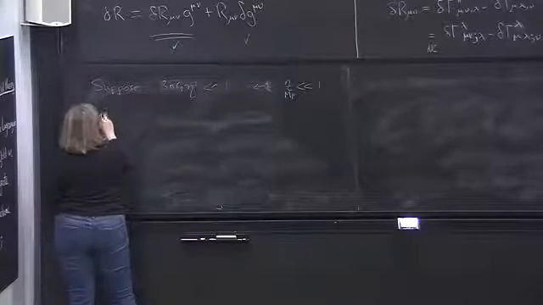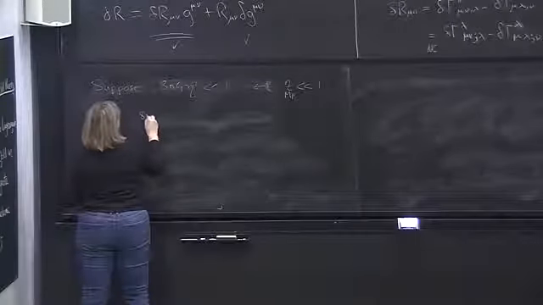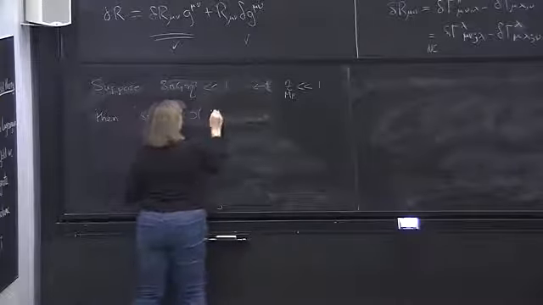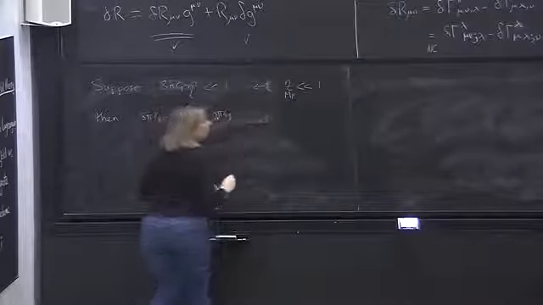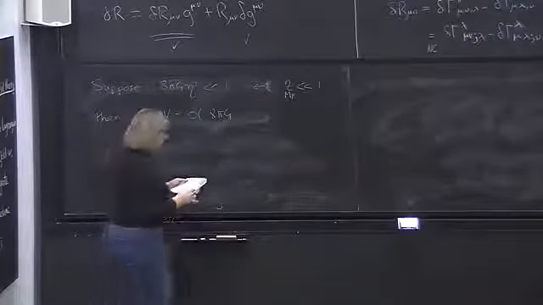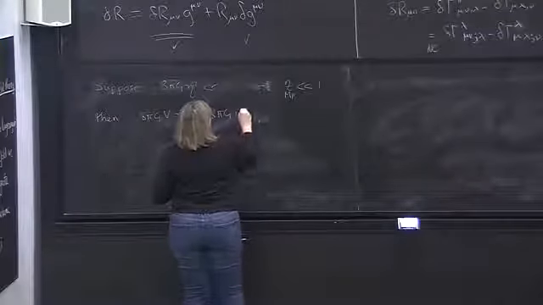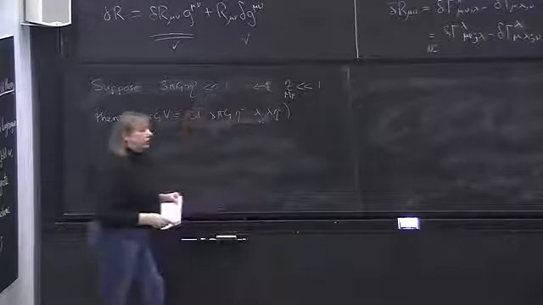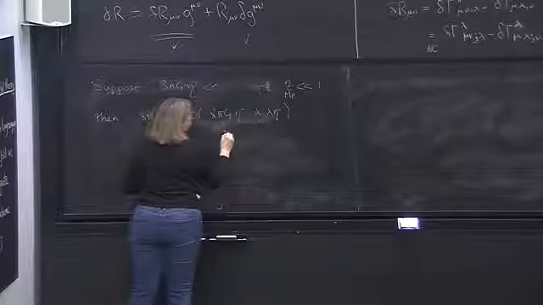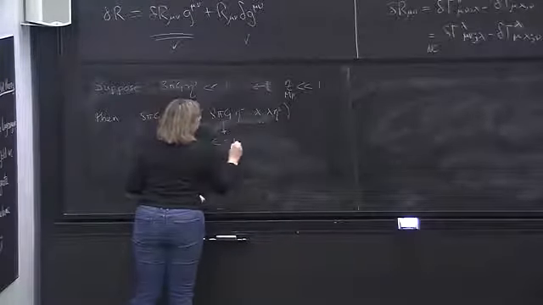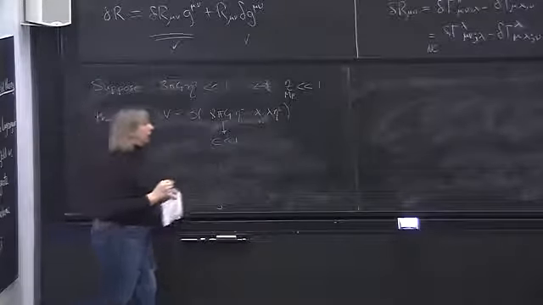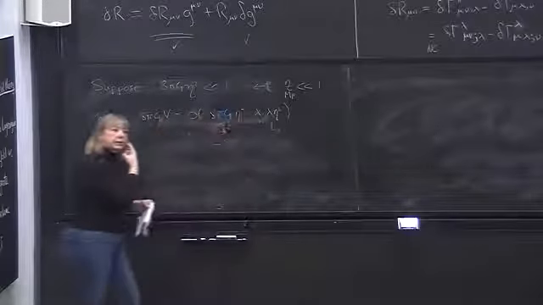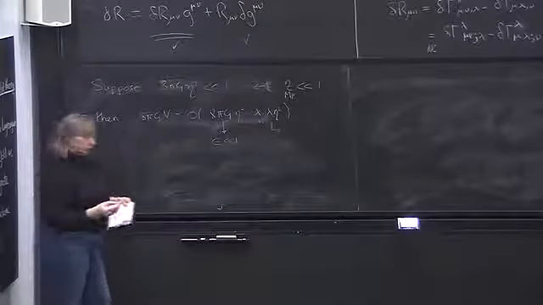So then my 8 pi G V is of order, well, it's 8 pi G, and my V is of order lambda eta to the 4th, so it's this combination. Here, I'm taking that to be epsilon, much less than 1, and lambda eta squared here is actually a dimensionful quantity.